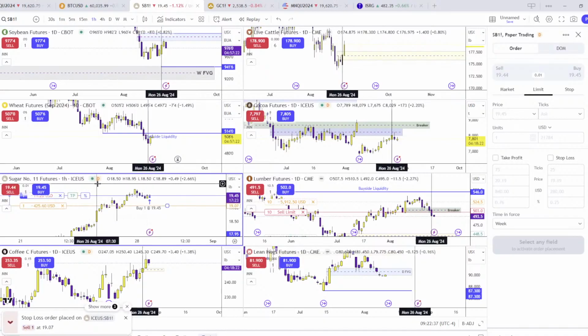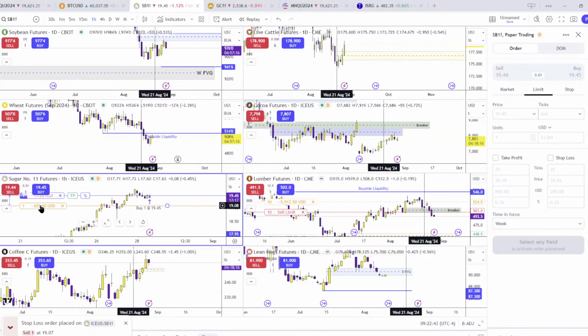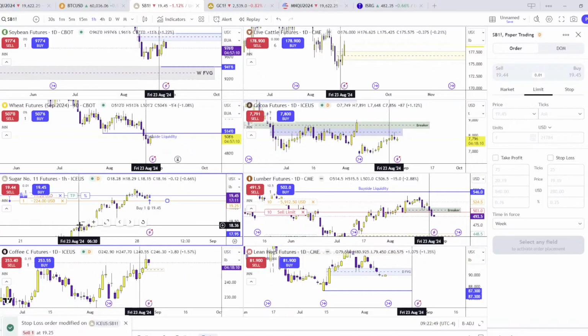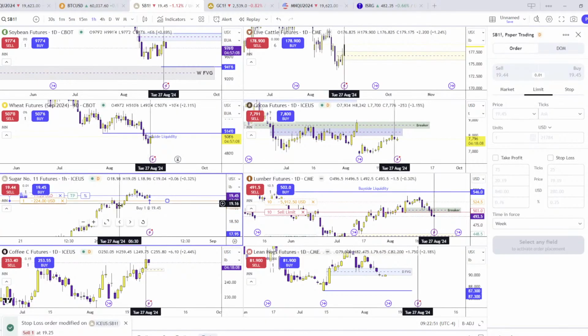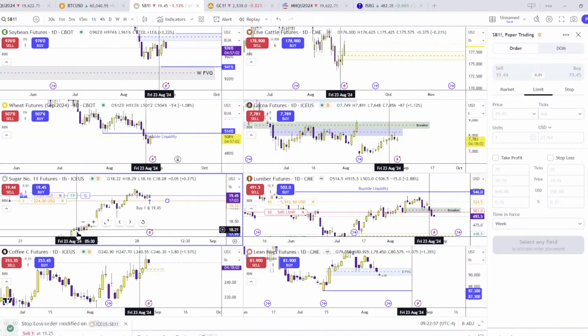My stop loss down here. I do not want to see that. If that gets filled, then I'm definitely out. That one's broke above that high. I want that to be a breakaway gap now and continue going higher.